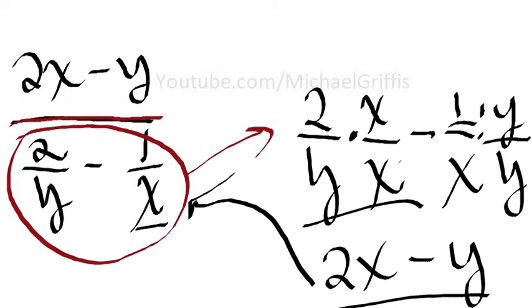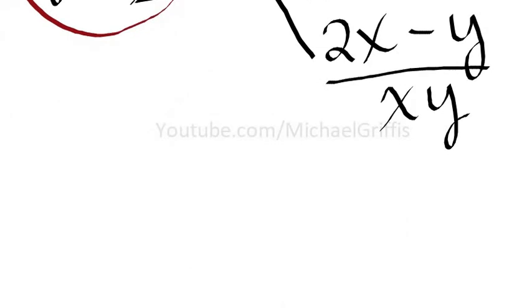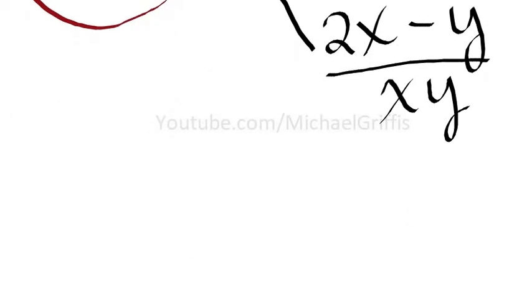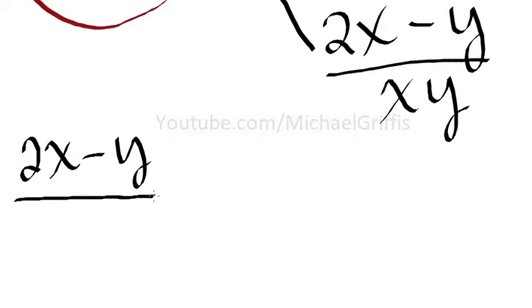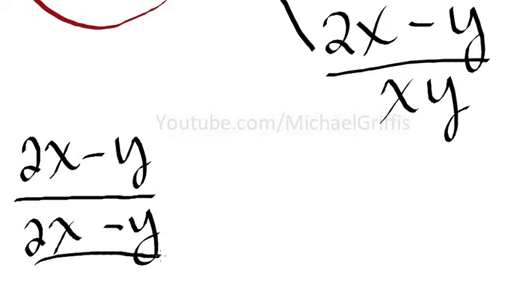All right, let's rewrite the problem. We'll come over here and rewrite it. Okay, so we had 2x minus y, that was our numerator, over 2x minus y over xy.